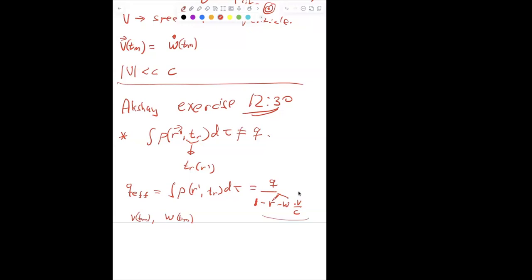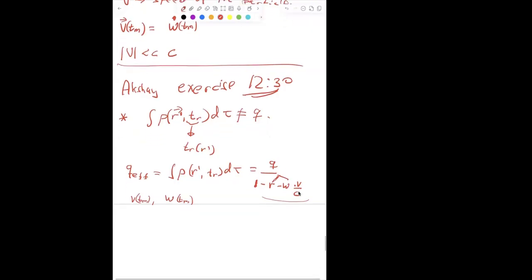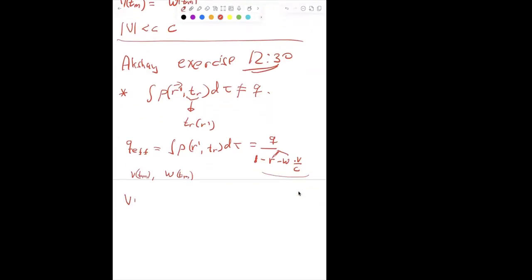Given this, you can write down the solution, at least for the potential, as Q effective over 4π epsilon times 1 over |r − w(t_m)|. What he is trying to say is that we do replace Coulomb's law, but we don't use the Q. We need to use this Q effective.